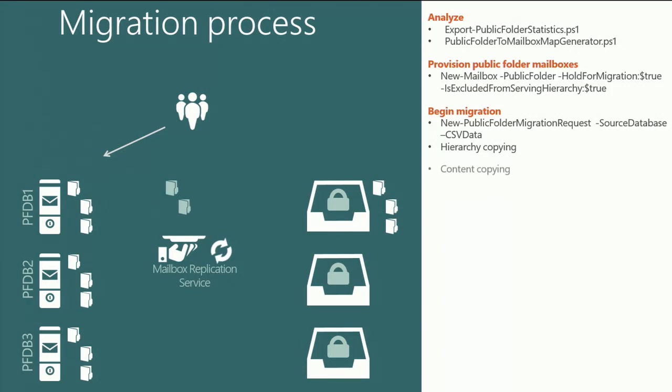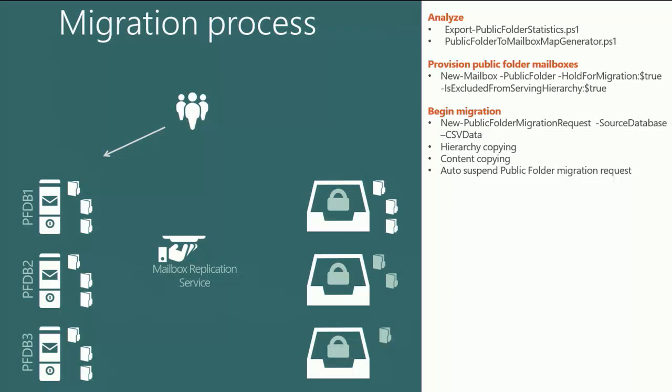And you see that nice animation. After creating the hierarchy, it creates the content. The mailbox replication service is the service responsible for doing that, and it's always the MRS on the target side. So if you're using Exchange Online or Office 365, Exchange Online dictates the speed of your migration.